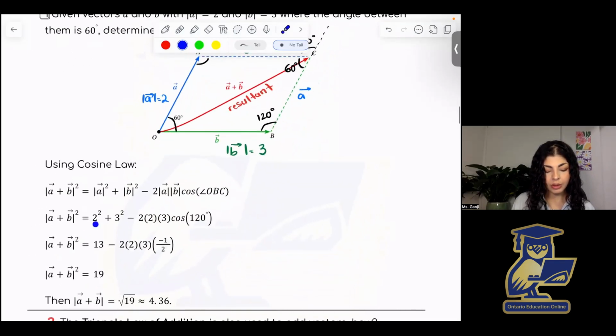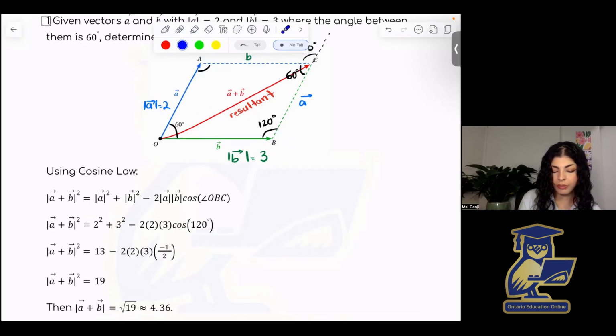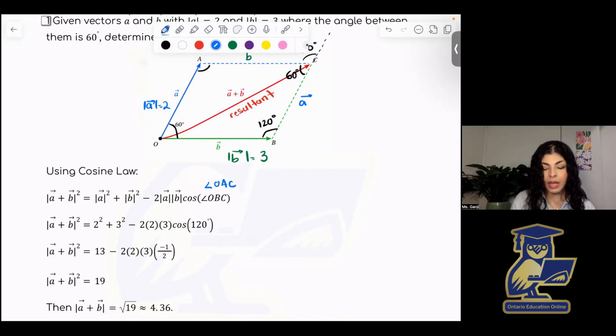So A, the magnitude is 2, 2 squared, and B, the magnitude is 3, 3 squared, minus 2 times the magnitude of A, magnitude of B, and then cosine of 120 degrees, which is this angle right here. Again, you can think of it as this one too, angle OAC, which is the same.